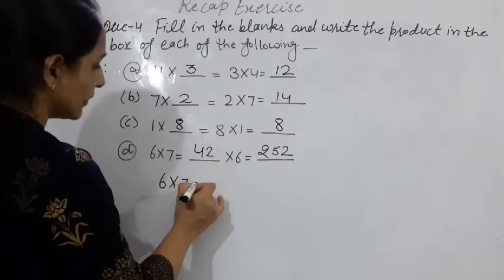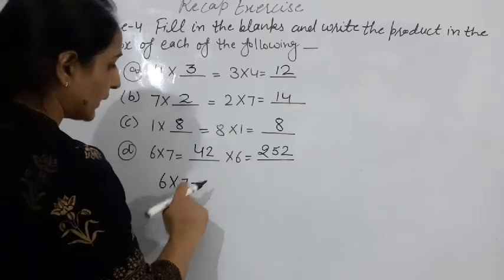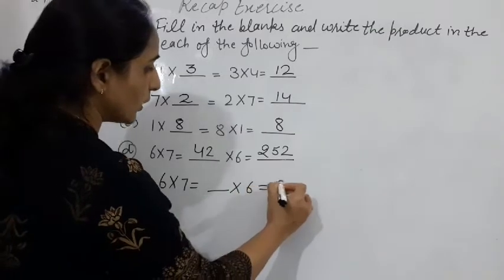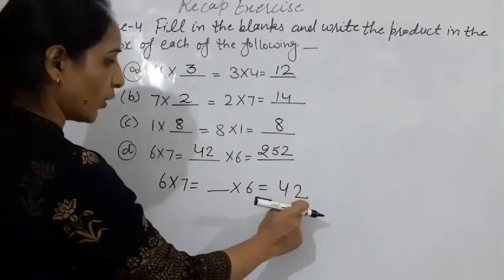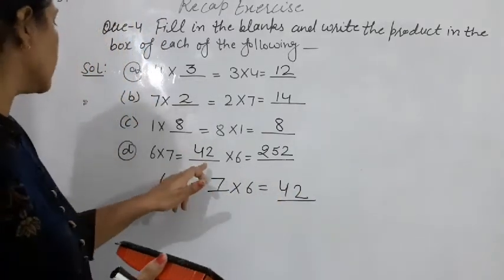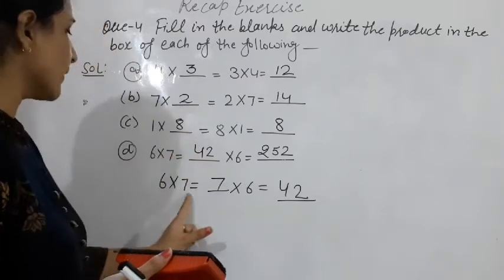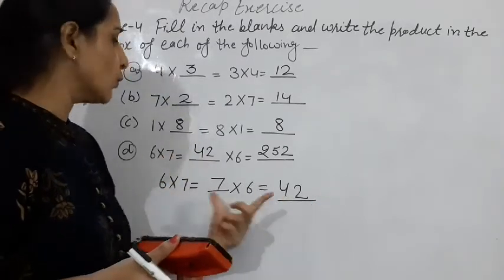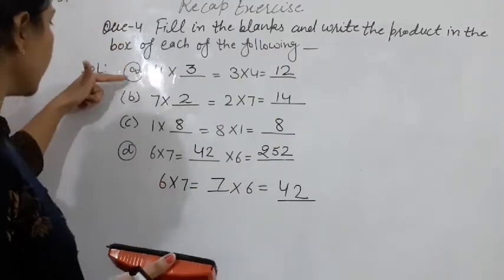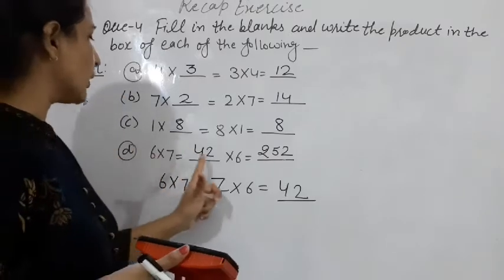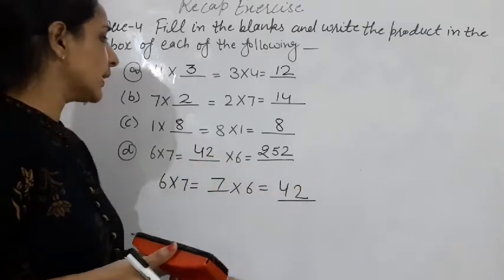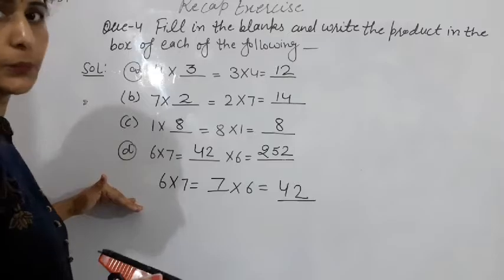The solution will be there also. 6 7s are 42 and 7 6s are 42. Clear? I think in this D part it is a misprint. It's 6 7s are 42 and 7 6s are 42. According to the question, this solution is correct. Clear, all of you? So you write the A, B, C and D parts, but in your book it is given like this one, so you follow it. So this is your question number 4.